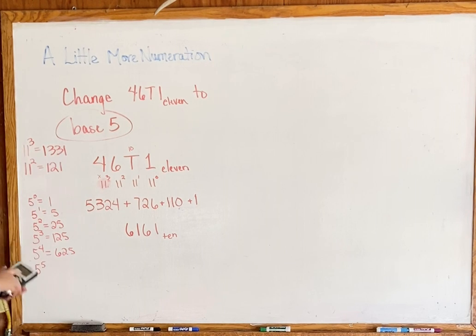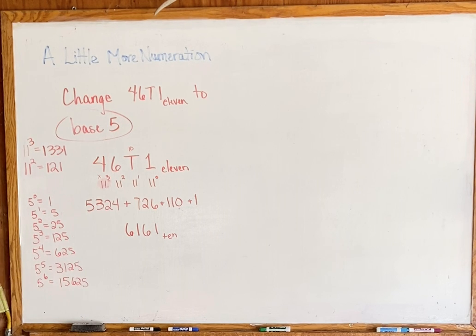Let's see what 5 to the 5th is: 3,125, and 5 to the 6th is 15,625.